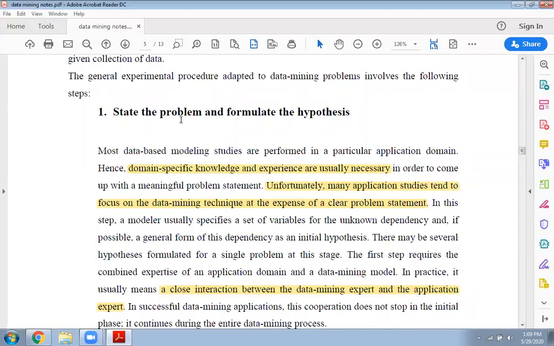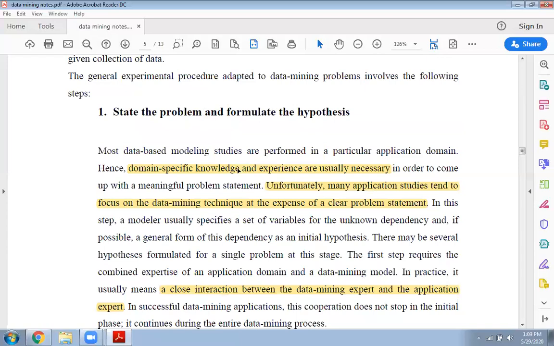And for solving that problem, you should formulate a particular hypothesis. After that only will you be able to get your information. Having the data is not a great task, but working on the data is a great task. So to work on the data, we should first of all know what kind of problem we are working upon.